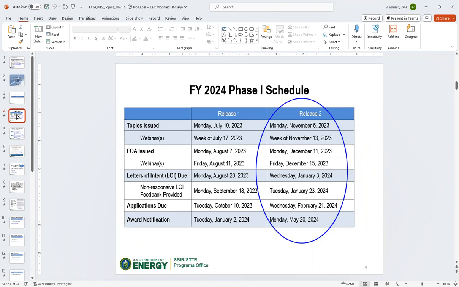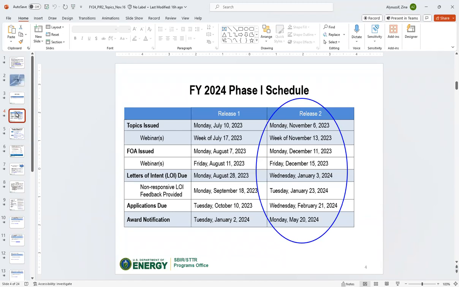The most important date that you need to pay attention to following the opening of the FOA is the letter of intent due date, which is the first step you need to take in order to submit a full application. DOE is the only federal agency that requires a letter of intent.